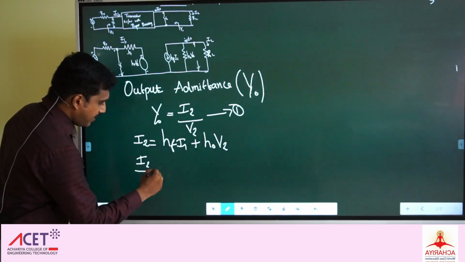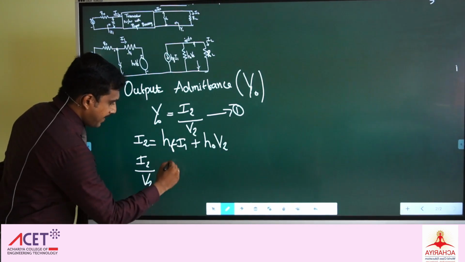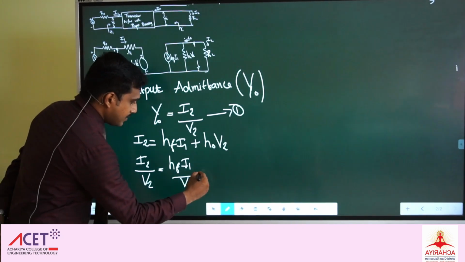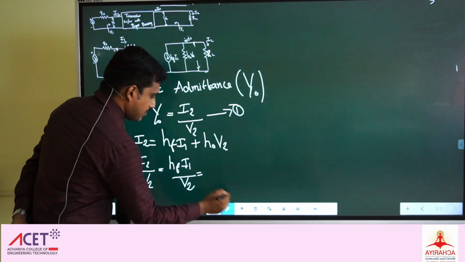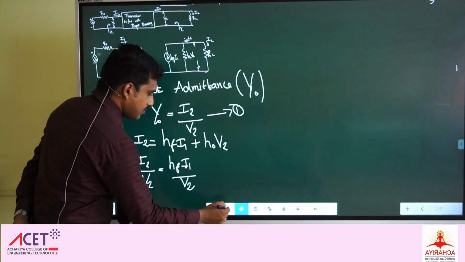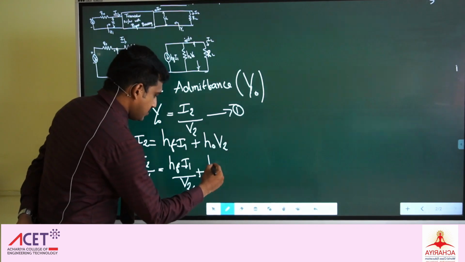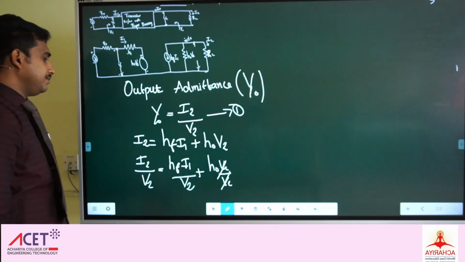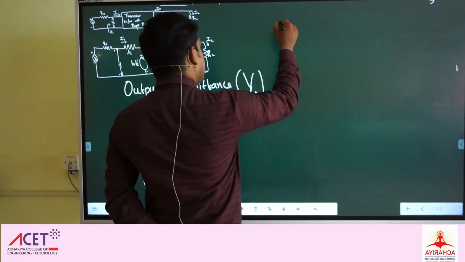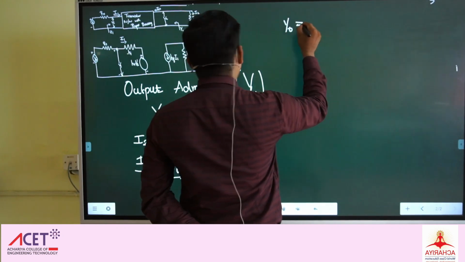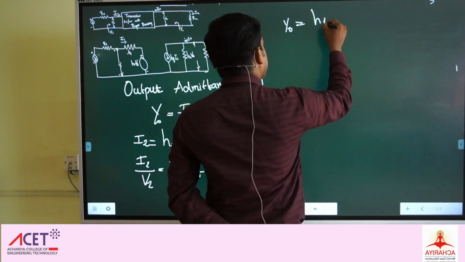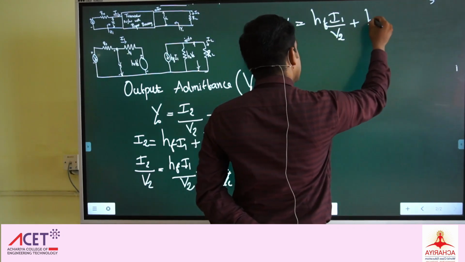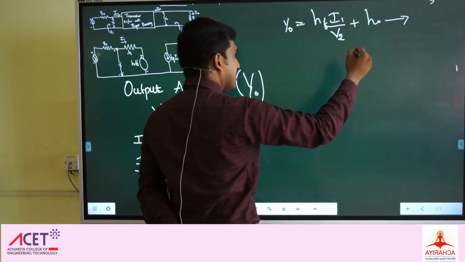I2 divided by V2 is equal to HF into I1 divided by V2 plus H naught V2 divided by V2. It will get cancelled. The equation becomes Y naught is equal to, admittance is equal to HF I1 divided by V2 plus H naught. Consider this equation as equation number 2.